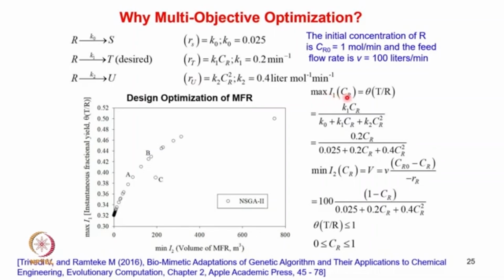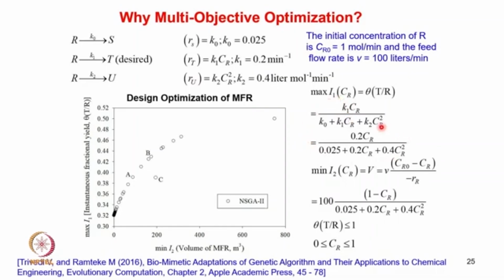So max I1, which is a function of Cr, is given as K1 Cr, which is the desired production, divided by all other productions. So that is K naught plus K1 Cr plus K2 Cr square. So this is nothing but the instantaneous fractional yield of T, isn't it? So that is what I am trying to maximize.